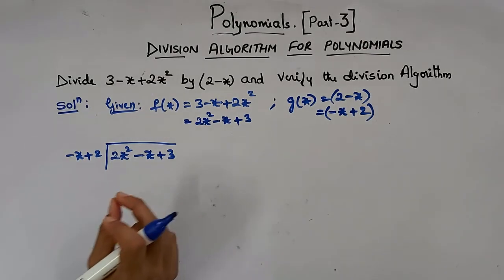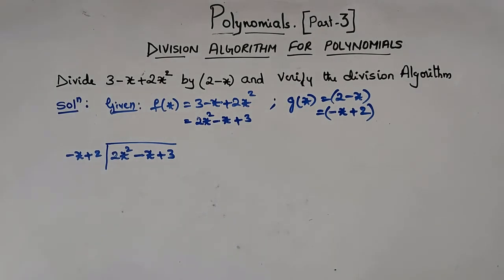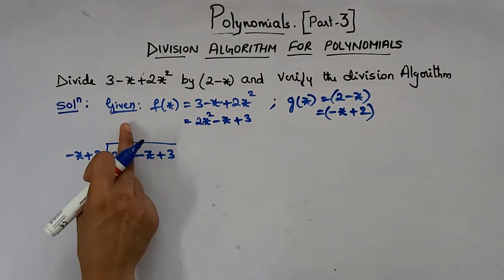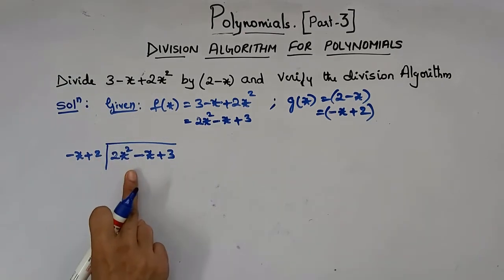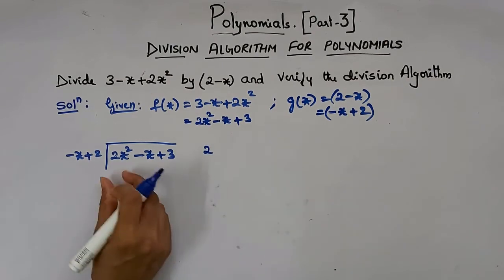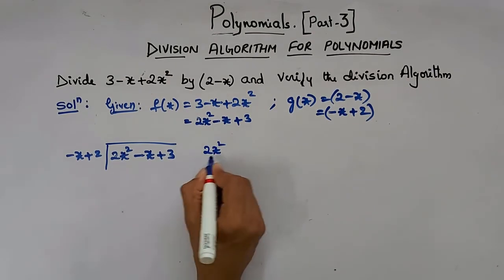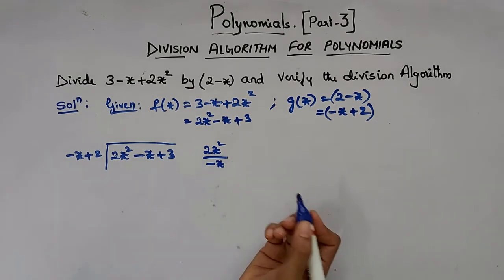Now let's divide this by this, that is 2x square minus x plus 3 by minus x plus 2, right? Now how to do this? You have to make the first term of the dividend 0. That is, by what term when you multiply to this will make the first term 0? That we will see like this. Take the first term, that is 2x square, by first term of the divisor, that is minus x, right?